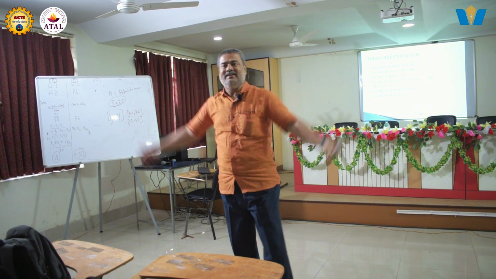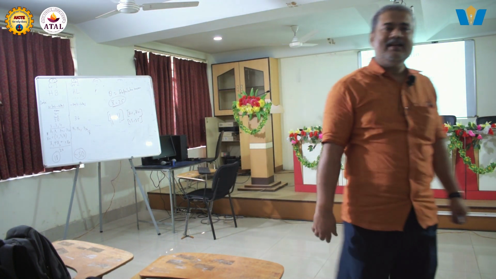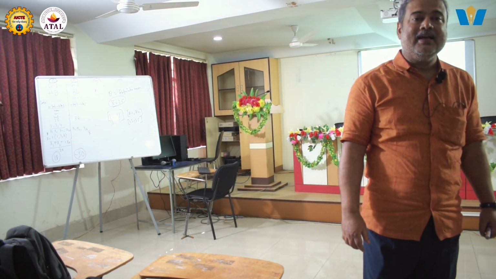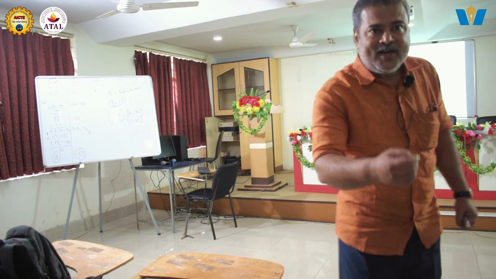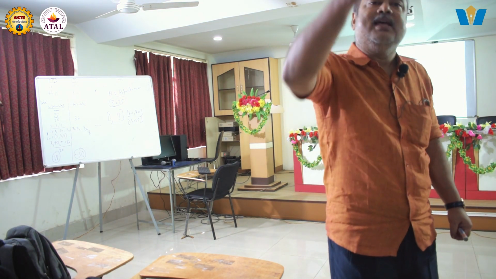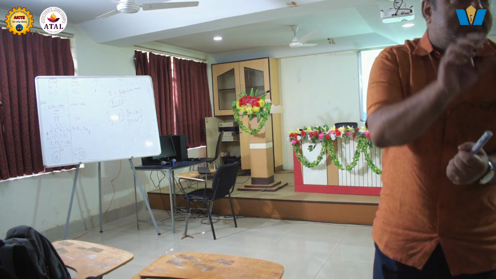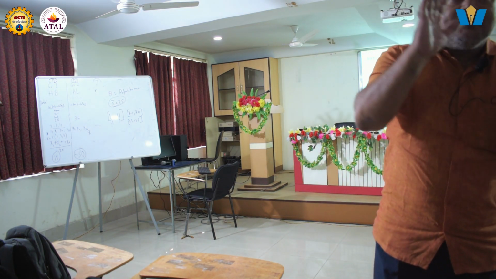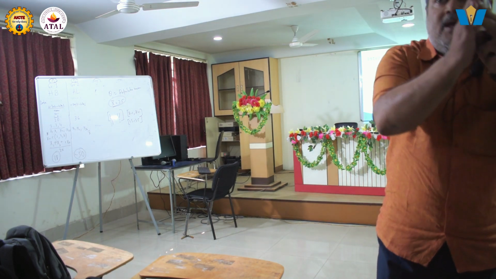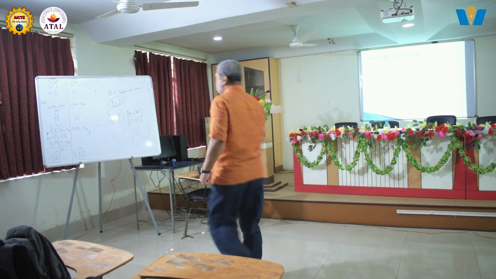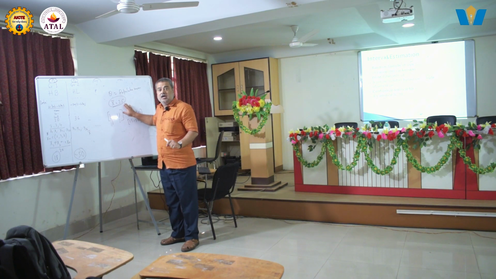So what is the necessity of this type of concept? If we know the point estimation, it is just exactly the point estimation. This is another one: not only exactly this theta, but some range of this theta. It is not 2.5, it is some range.